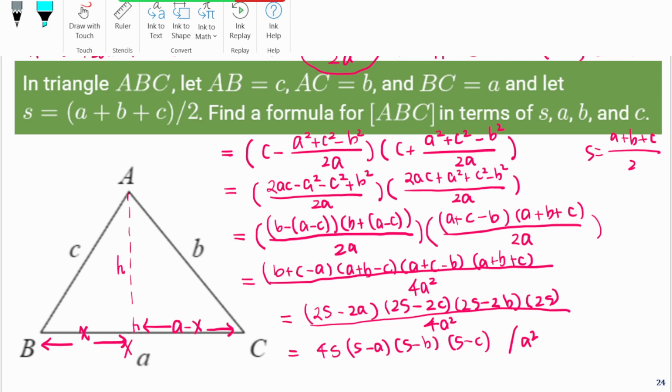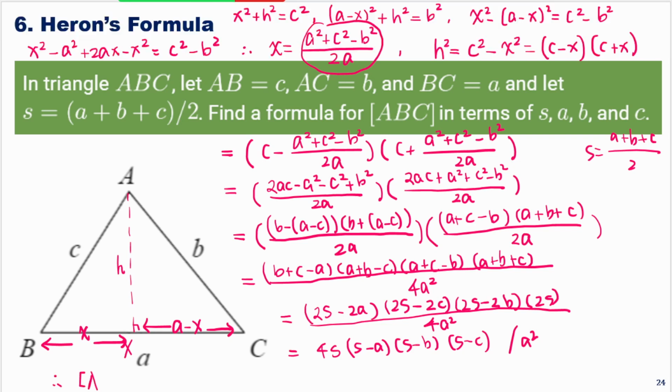And then we know the area of triangle ABC can be expressed as half of BC times the altitude h, and this gives us a over 2 times the square root of h squared. h squared is this expression here, right?